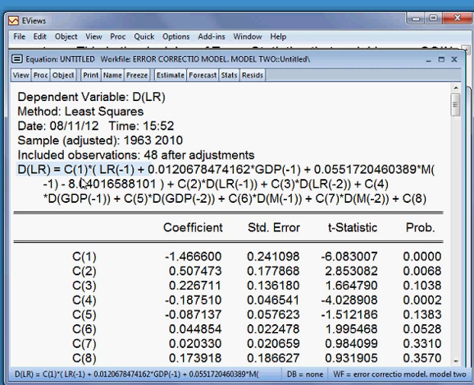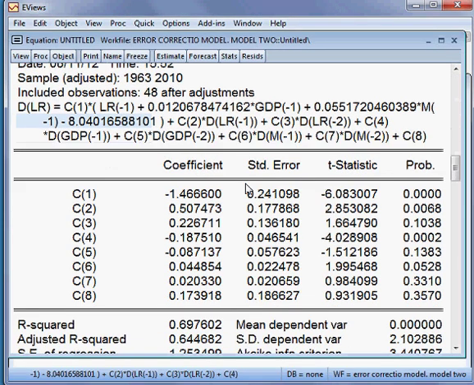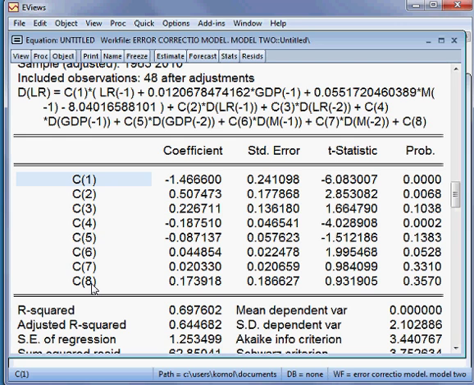C1 is the coefficient of the error correction term, from here to here, until this. So in this way you can see the whole model. And what is C8? C8 is the constant of the model.